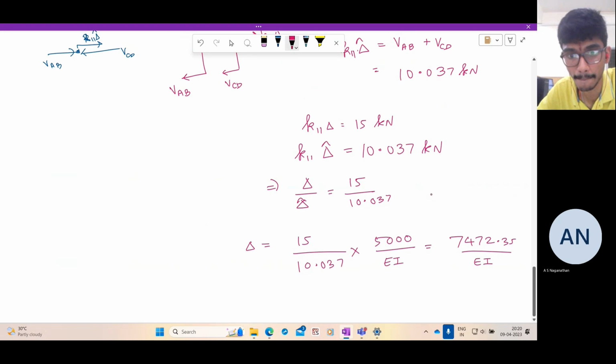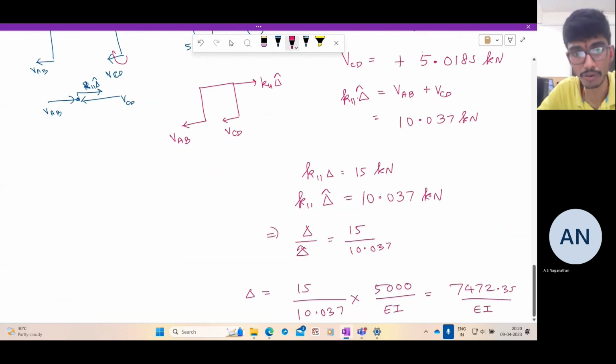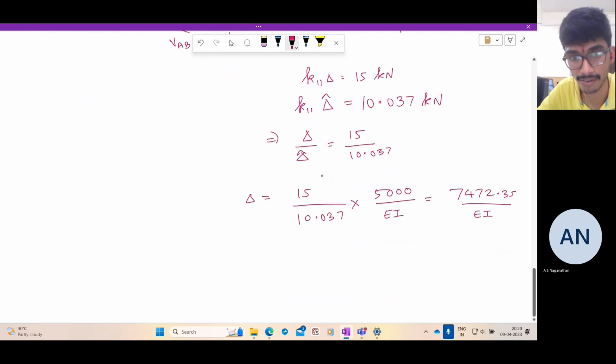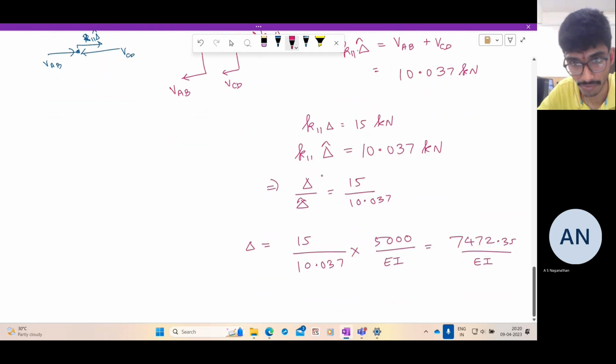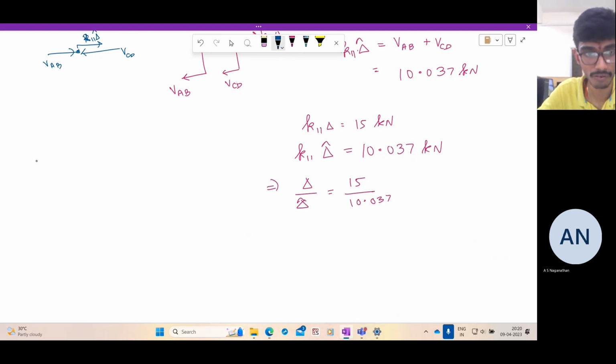Now what do we need to do? Actually we don't need this number. So we don't need to find delta. For superposition, if we have, say, MA, the moment at A is nothing but the moment at A in problem 1 plus the moment at A in problem 2.